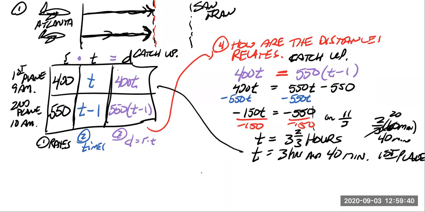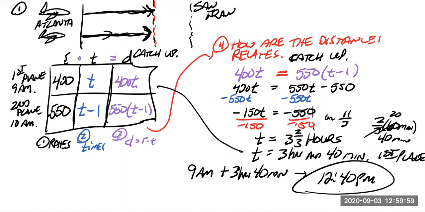So we'll start at 9 a.m. and add 3 hours and 40 minutes. So that means the time would be 12:40 p.m. They're going to meet at 12:40 p.m.